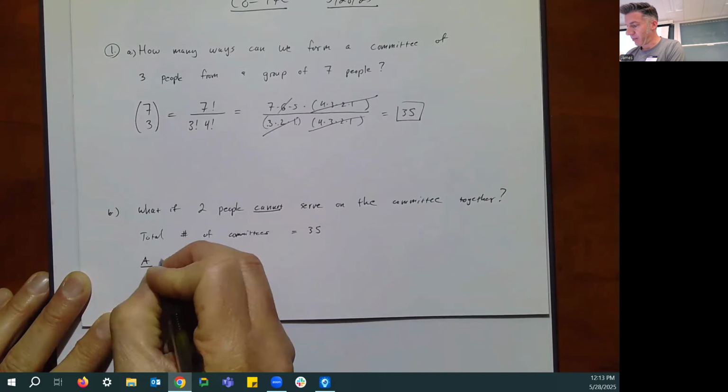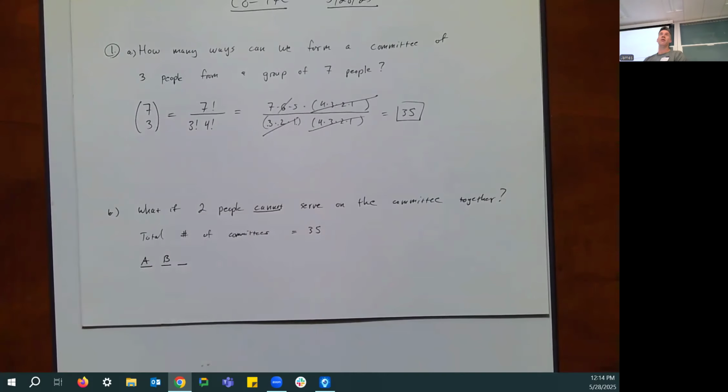If person A and person B are on this 3-person committee, how many choices are left for the third person? Show me on your fingers. 5. There's 5, because there are 7 people. There's only one spot left to choose. We chose me and Jennifer, who we don't want together, and then the other 5 of you, we had to pick one.